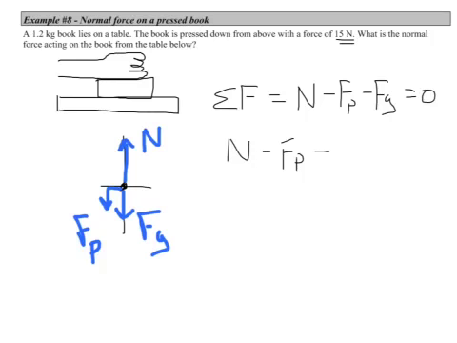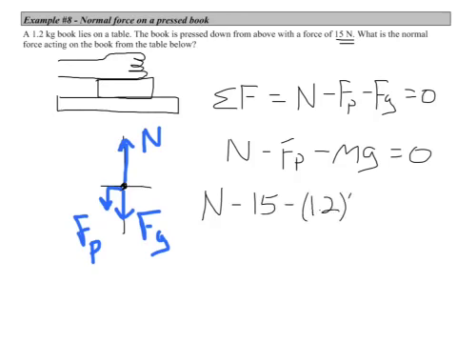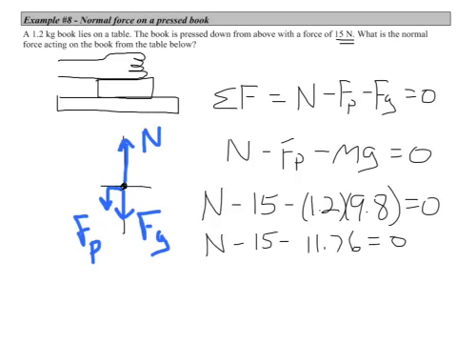We also have an expression for our weight force, which is mg. So now we've fully pulled out everything in our equation: the normal force minus that push minus the weight, 1.2 times 9.8, equals 0. When we solve this, we end up with a normal force of 26.76 newtons.